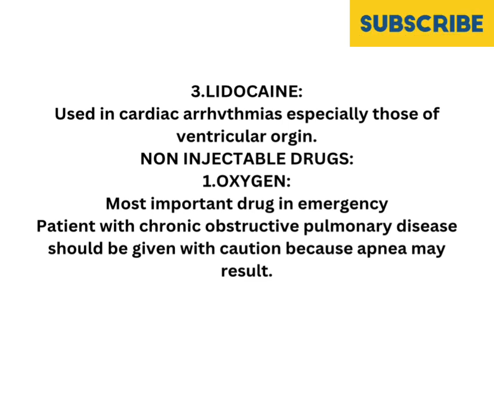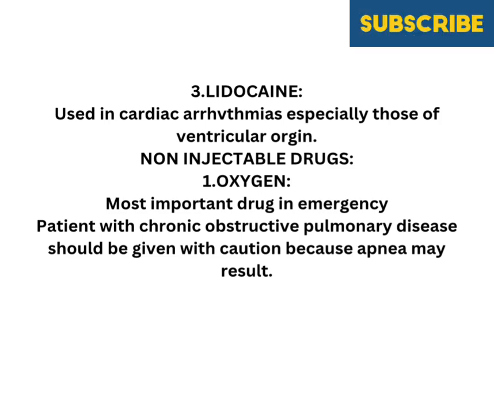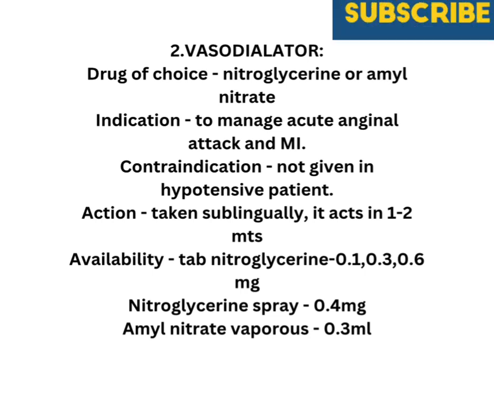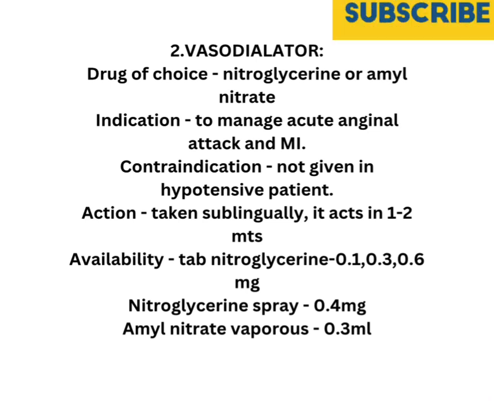Non-injectable drugs. 1. Oxygen, the most important drug in emergency. Patients with chronic obstructive pulmonary disease should be given oxygen with caution because apnea may result. 2. Vasodilator: drug of choice nitroglycerin or amyl nitrite. Indication: to manage acute anginal attack and MI.